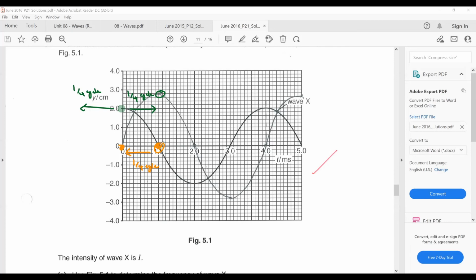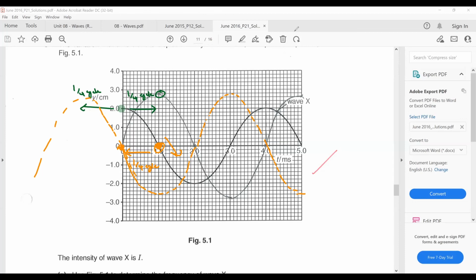Since your reference now is the equilibrium position going down, the new wave that you draw will also be at the equilibrium position going down. It'll be like this, the direct opposite. Okay, you get what I'm saying?